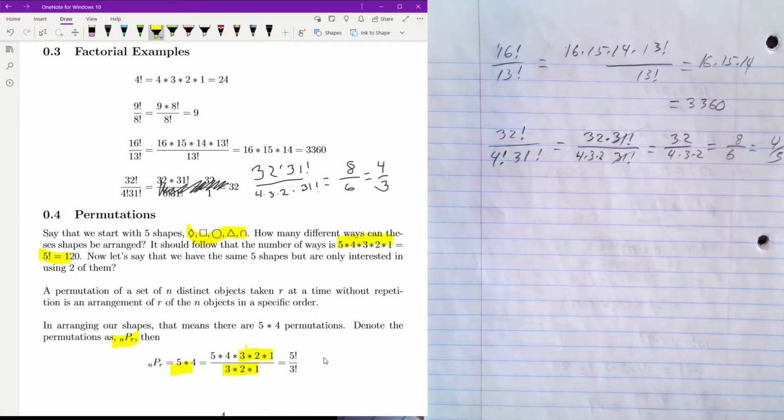Now, like I said, there's a key on your calculator for that purpose. And that's one reason why we do it this way. It's certainly easy enough using 5 and 4 to just multiply them together. But let's say you have 100 shapes and you want to pick out 20 of them. Do you really want to multiply 100 times 99 times 98, etc.? You certainly don't want to do that.